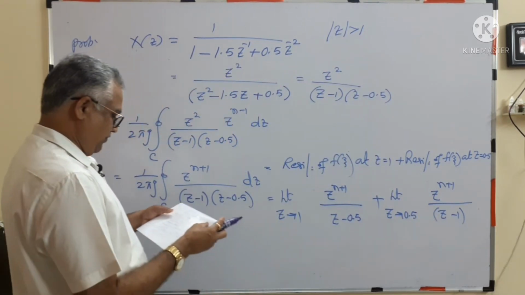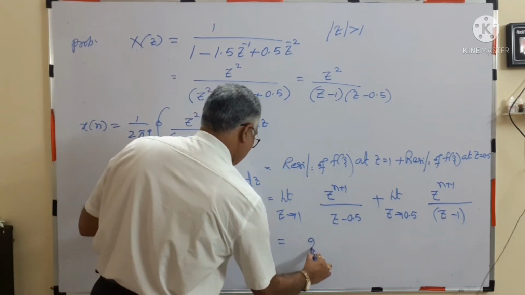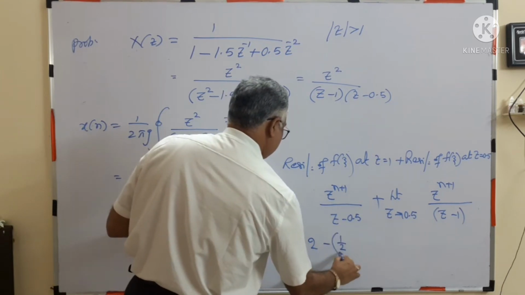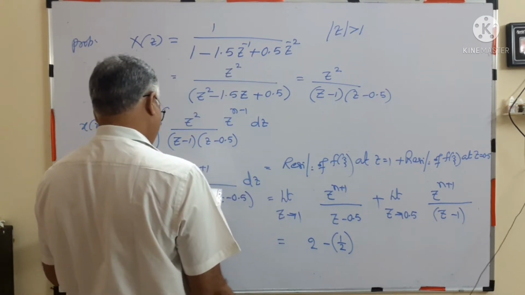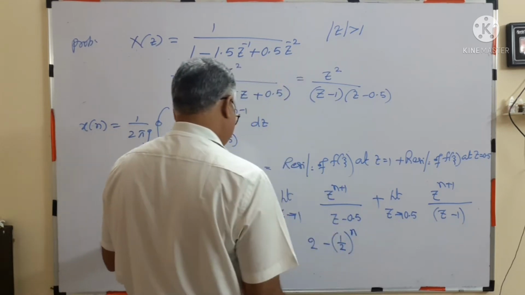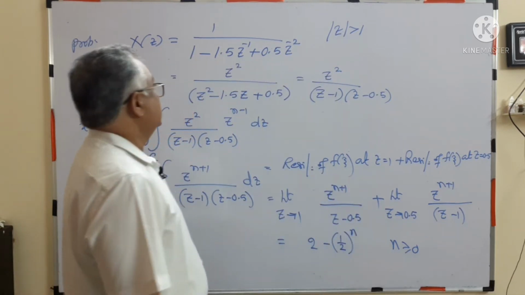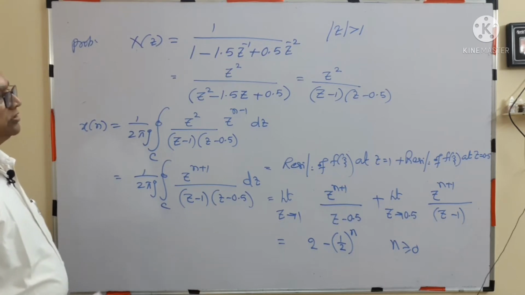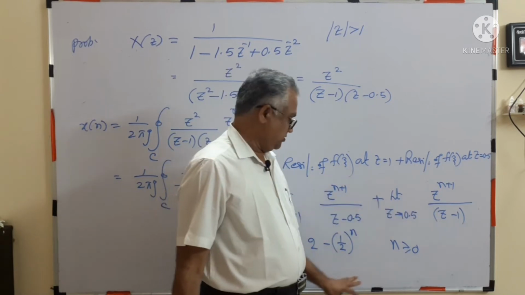So you simplify this carefully. This answer is 2 minus 1 by 2 to the power of n, n greater than or equal to 0. So this is the answer. Here we have two simple poles. So follow this procedure and you get the answer.